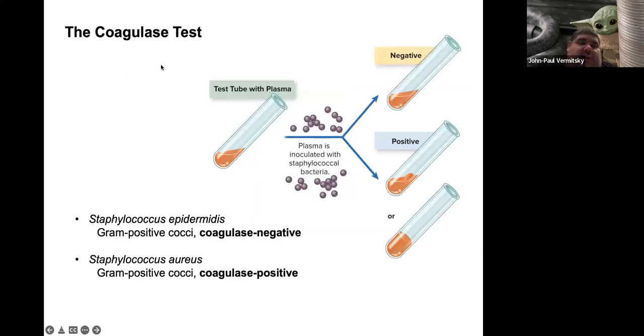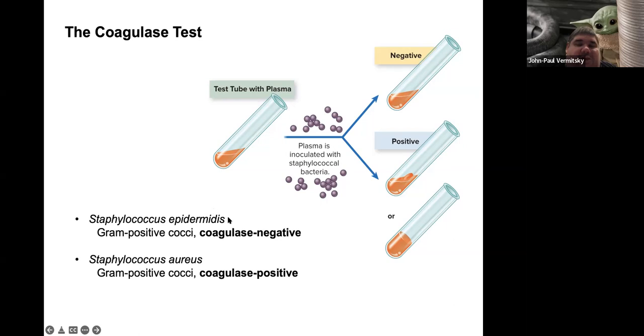Another test that can be done is what we call a coagulase test. Coagulase is an enzyme that will cause clumping of the bacteria. What you can do is take plasma that is inoculated with staph bacteria, for example from a bloodstream infection, or you can even take some scrapings or pus off the surface and mix it with coagulase.